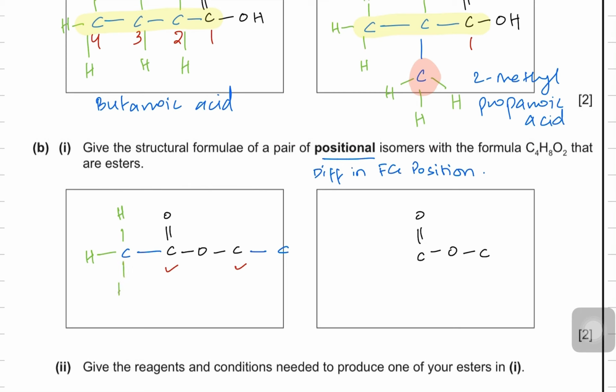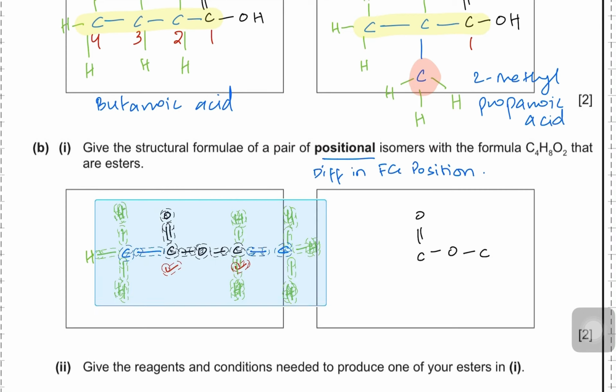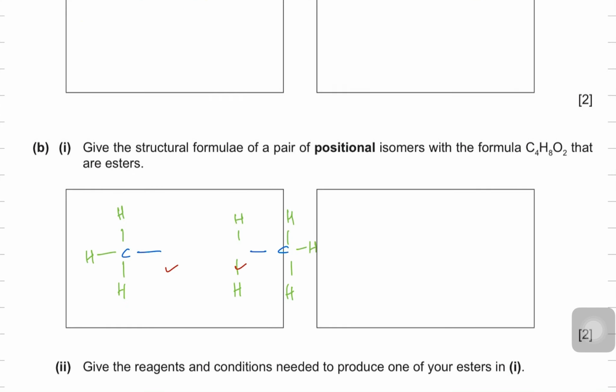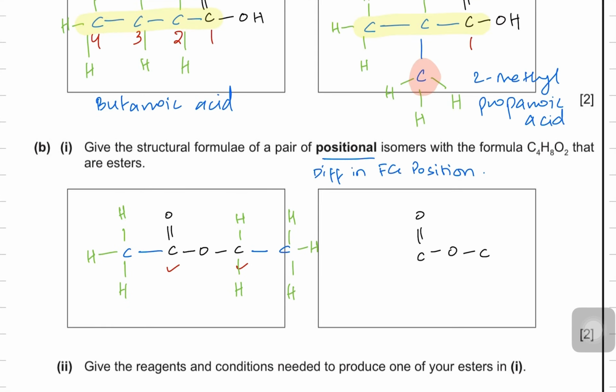That is the first ester with all its hydrogens and carbons. Let me make it a little smaller so that it fits in the box. And the second structure would be, two carbons are already here, one, two. So now we can draw one on this side and then one, two.